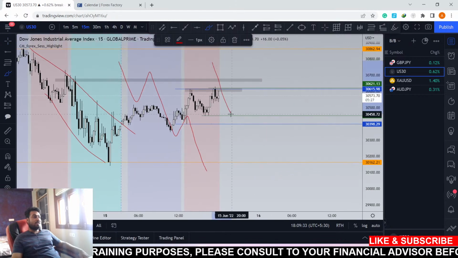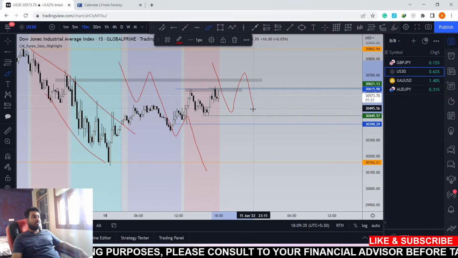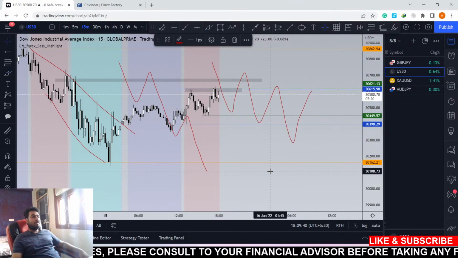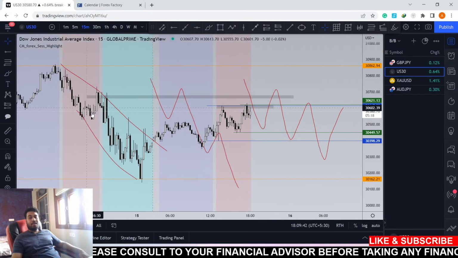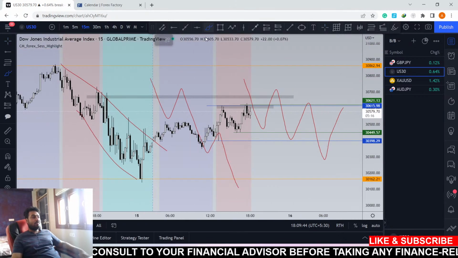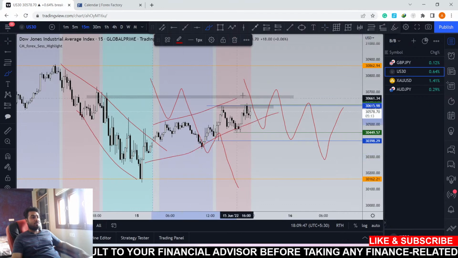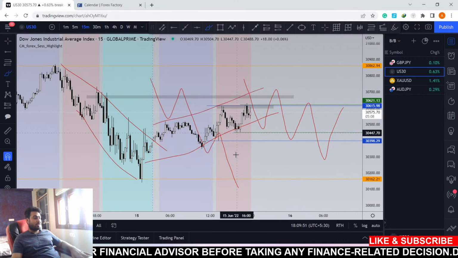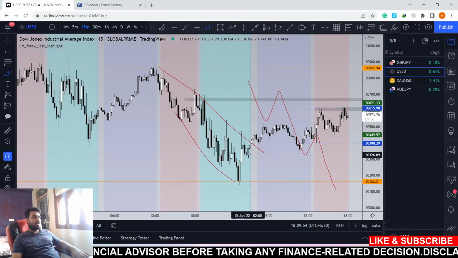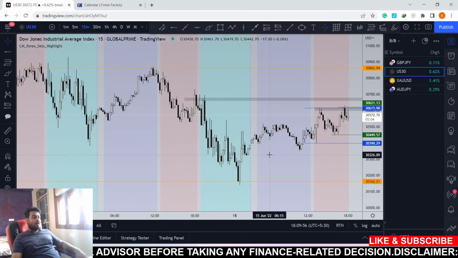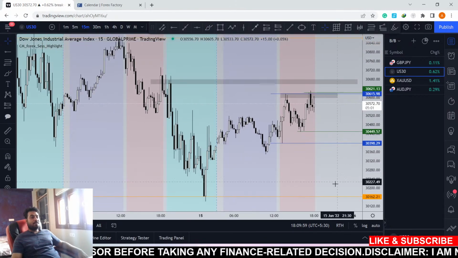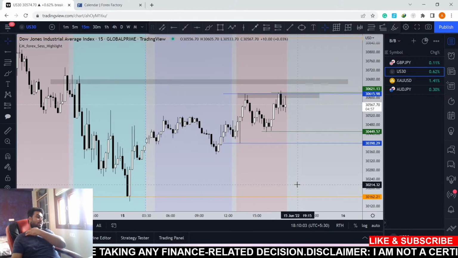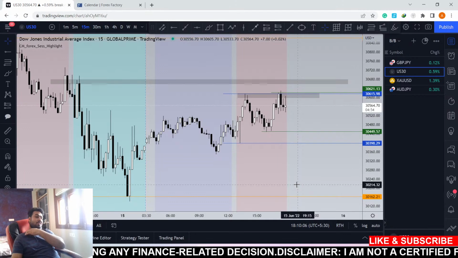In corrective price action, you have almost similar retracements. Right now, we are having corrective price action, and this price action also is corrective. So we will be very cautious, because we don't see a nice two or three candle impulse. This sort of price action, you have to be very careful.